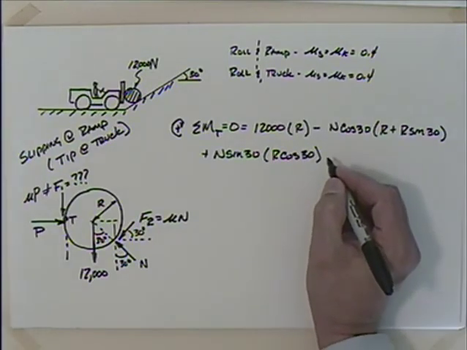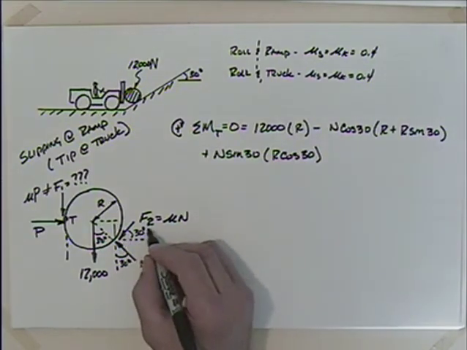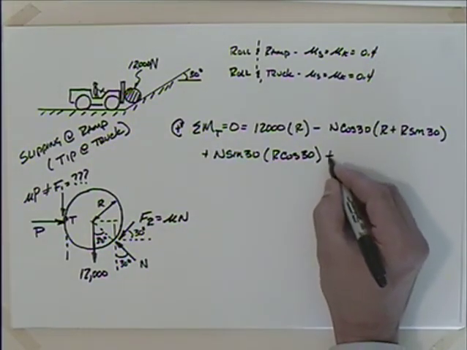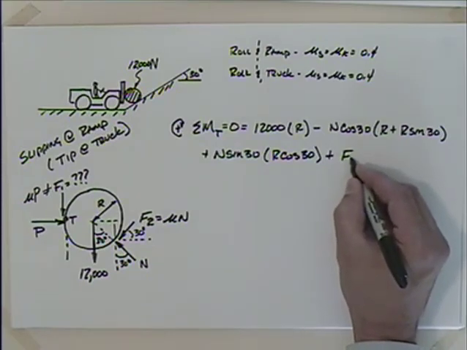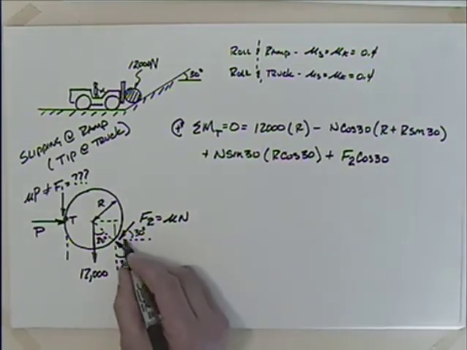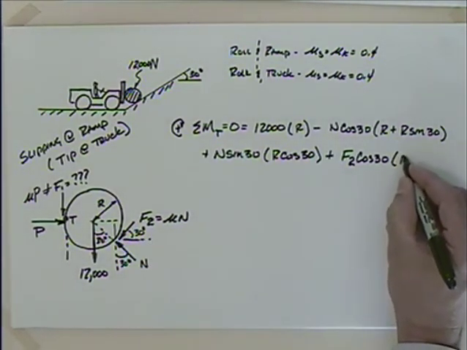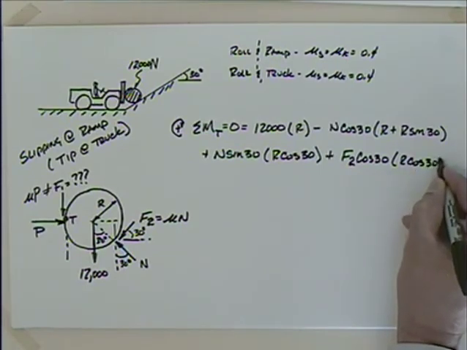And then I've got to break the F2 up. So plus F2 cosine 30, that's the horizontal part there, and that's going to be again R cosine 30.